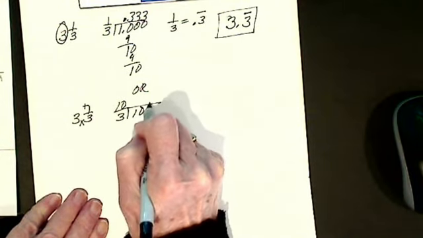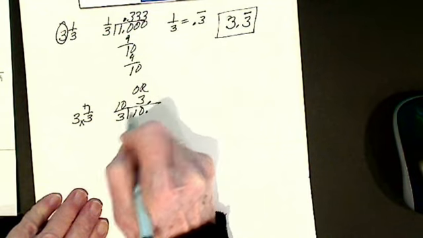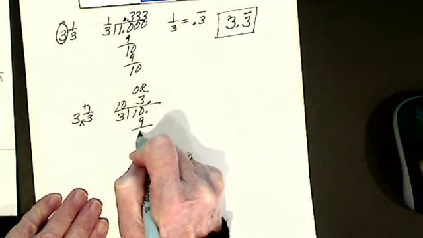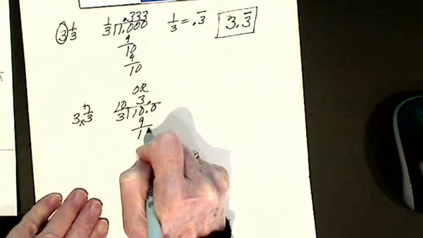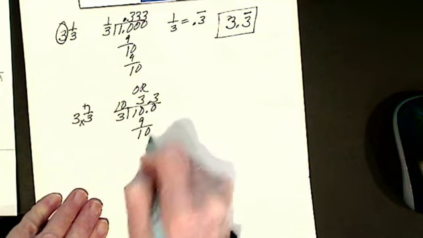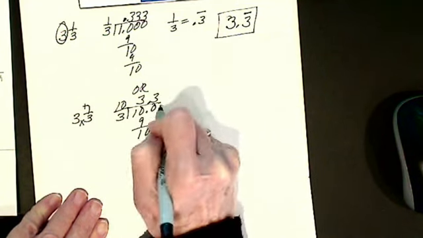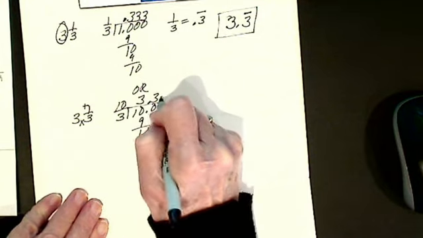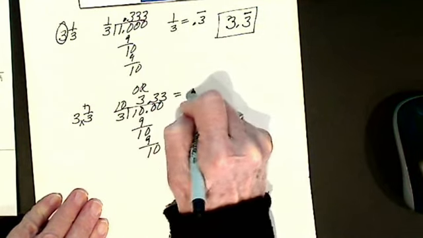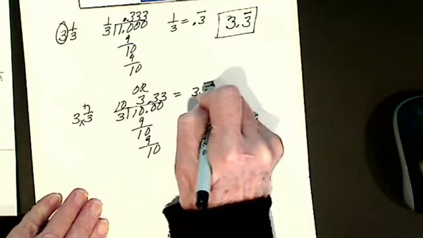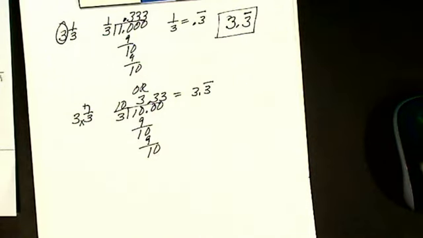Then I can divide my 3 into my 10. 3 times 3 is 9, subtract, add a 0. 3 times 3 is 9, subtract. So I get 3.3, which repeats.